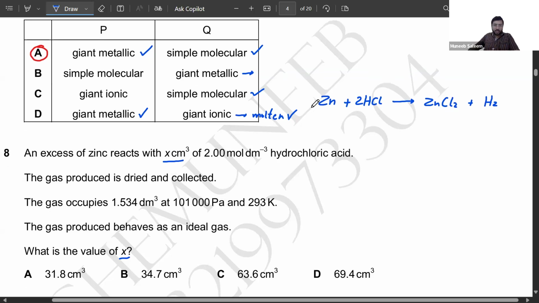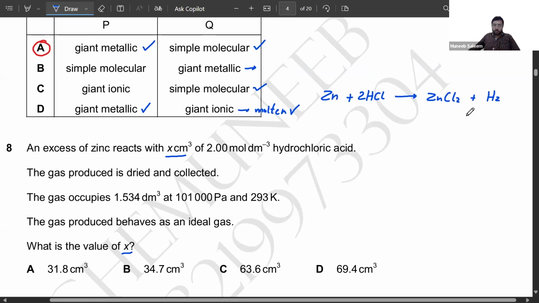It says that the gas occupies this volume at this pressure and temperature. This pressure is equal to 1 atm, and this temperature is 25 degrees centigrade. These conditions are related to room temperature and pressure.